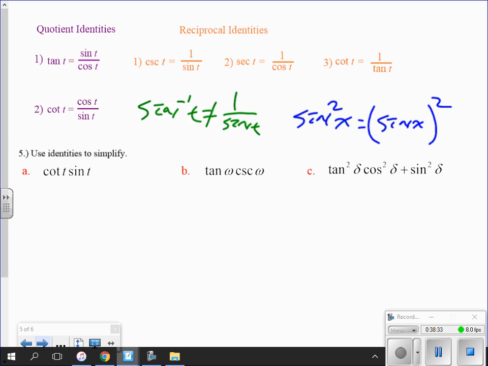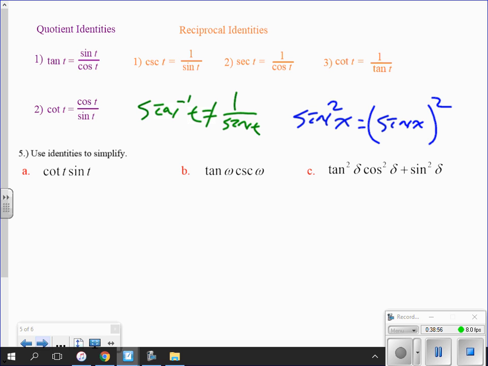I have the cotangent of t times the sine of t. I want to write this in simplest trig terms as possible. Your first step is to take anything that is not sine or cosine and rewrite it using those identities as sine or cosine. So the cotangent is what? Cosine over sine.